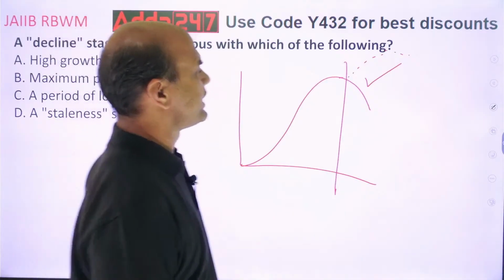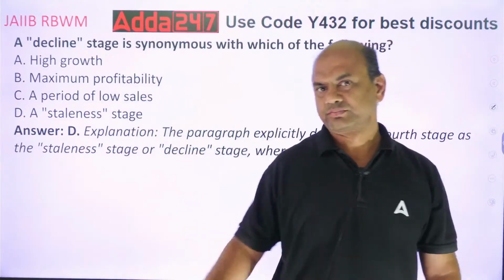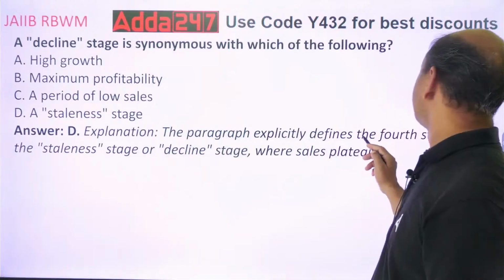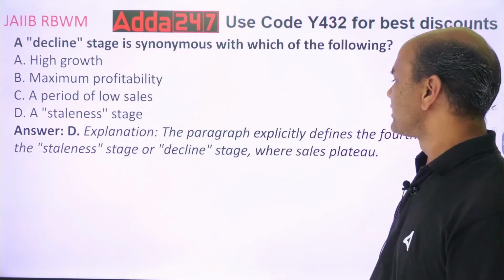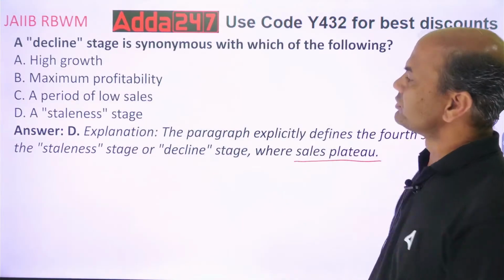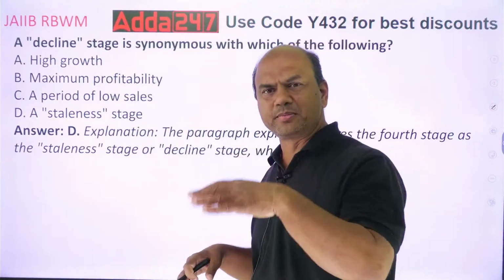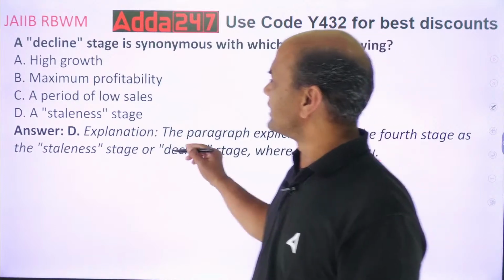So, what should be the answer for this? The fourth stage as staleness stage or decline stage, where sales plateau. See, here the sales are plateauing. Plateauing means maximum. Beyond that you won't grow. So the answer can be over here.